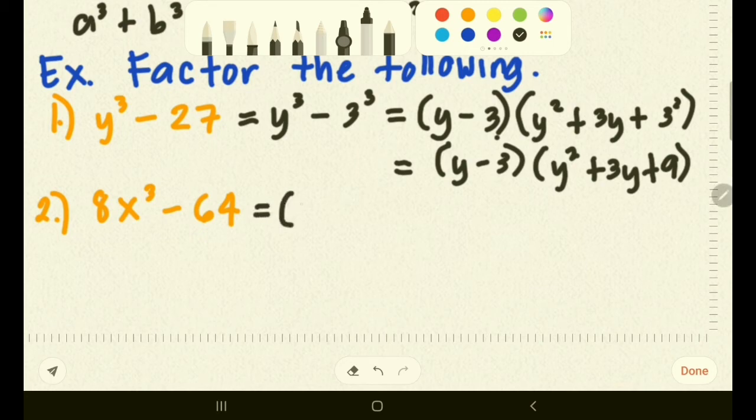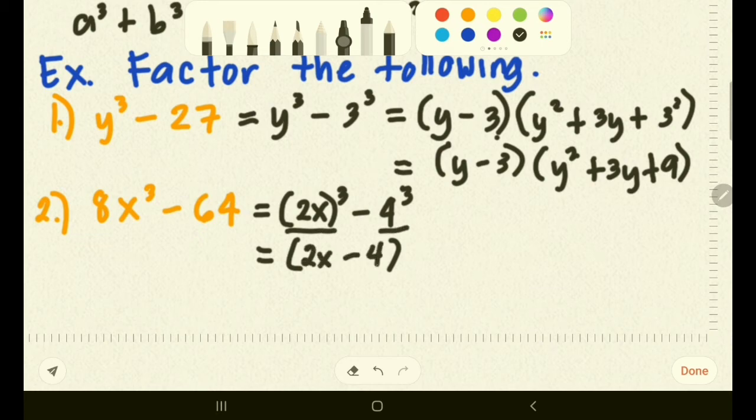So you have 2x quantity cubed, minus 64 is 4 cubed. Okay, next, you take first the binomial factor. Same thing, you take the base. That's 2x, the base here, minus 4.